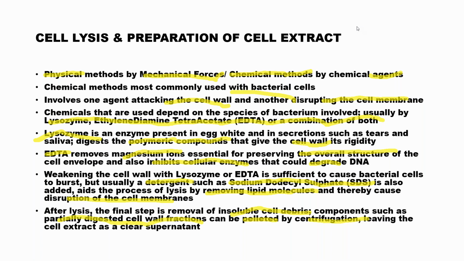Clear? So after cell lysis, in order to remove the insoluble cell debris or insoluble partially digested cell wall fractions, all those insoluble impurities, we can remove them by centrifugation. After centrifugation, you get a supernatant and a pellet.